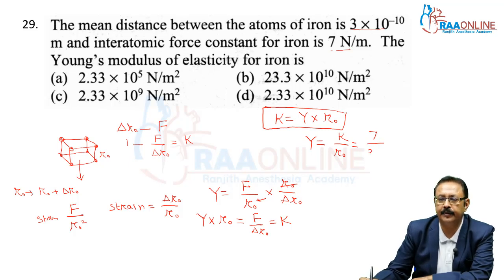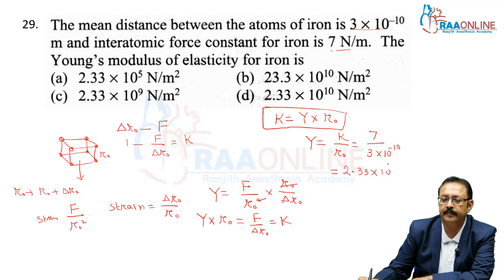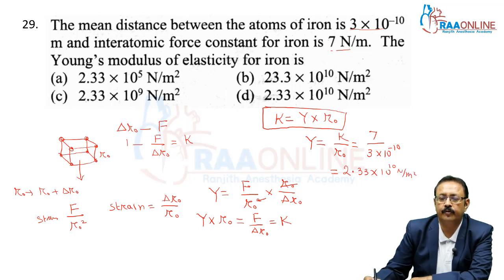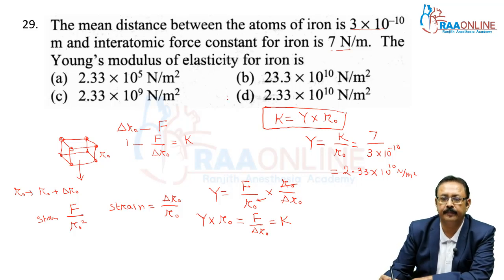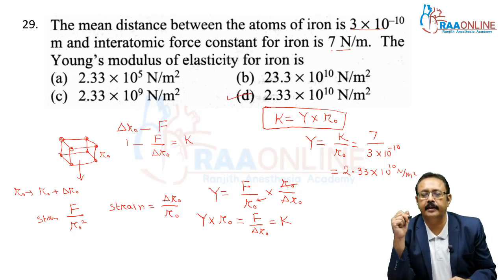Again in SI unit, 3 into 10 to the power minus 10. Take minus 10 in the numerator. 3 2s are 6, so 2.33 into 10 to the power 10 Newton per meter square. So what should we go for? D option: 2.33 into 10 to the power 10 Newton per meter square.